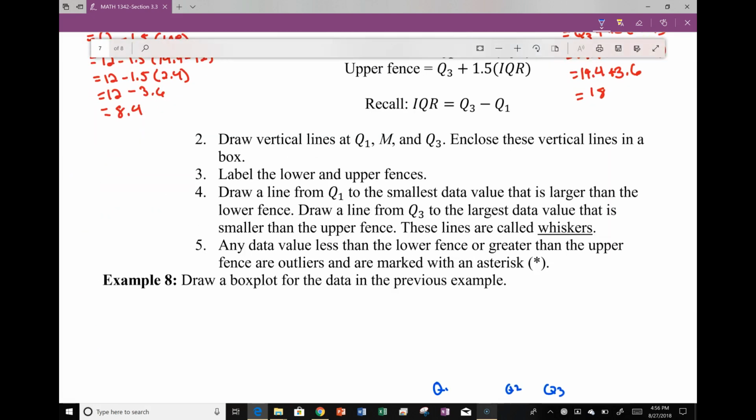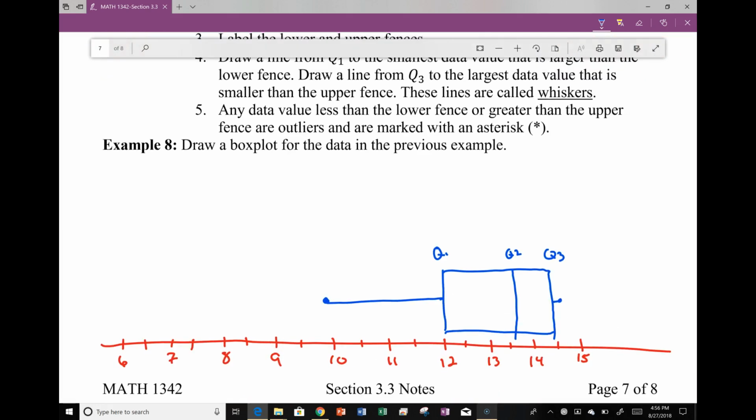Any data value less than the lower fence or greater than the upper fence are outliers and are marked with an asterisk. So I'm going to come here to, not 16, but 6.5, and I'm just going to draw an asterisk. So I have my box, I have my whiskers on both sides, and then I have my outlier. If you don't have an outlier, you're not going to have an asterisk. If you have more than one outlier, you're going to have more than one asterisk.